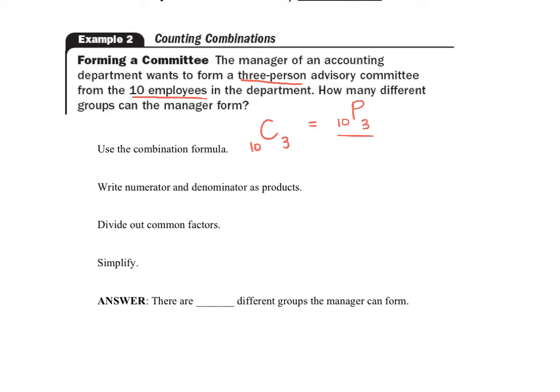So I'm going to divide by 3 factorial, the number of spaces factorial. So let's write this out. The permutation of 10 choose 3 would be 10 times 9 times 8. 3 factorial is 3 times 2 times 1.